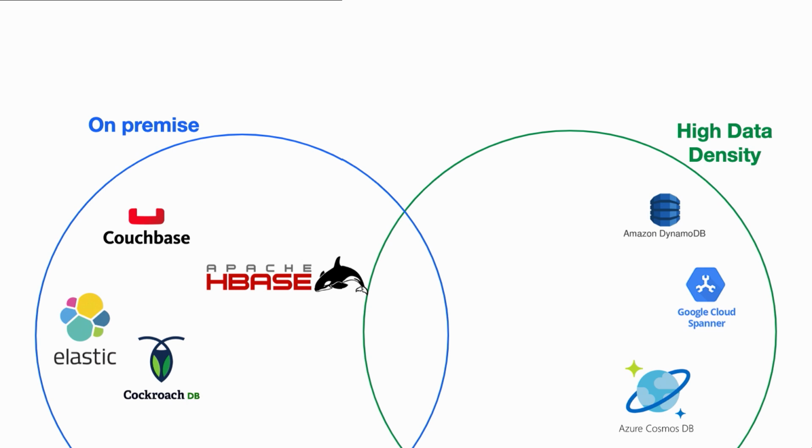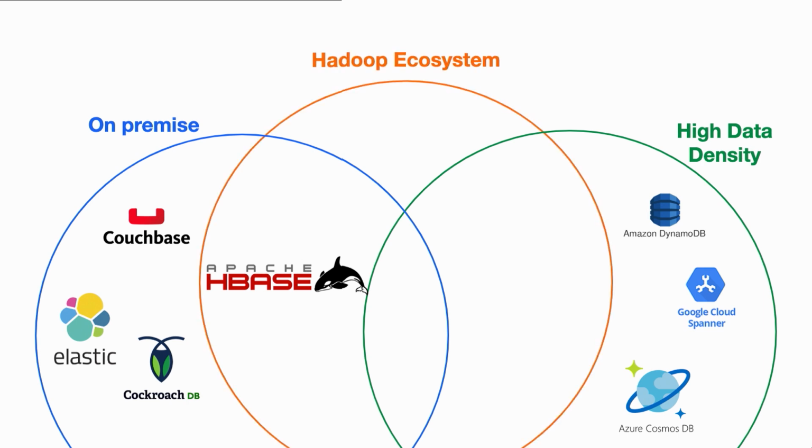And then we also want a database that takes advantage of the Hadoop ecosystem. So as you can see, we're not even close. There are no databases out there that both support high data density and are ones we can actually run on our own hardware. Additionally, almost none of these databases integrate well with the Hadoop ecosystem. So in other words, if we want a database to put log repo in, we have to build one ourselves.